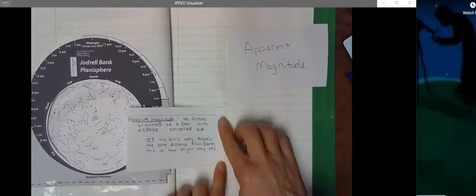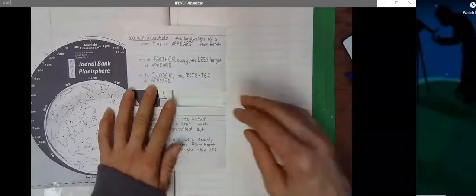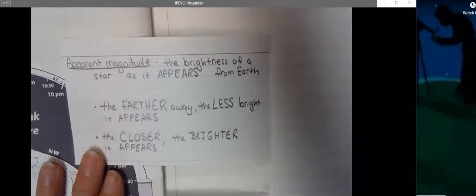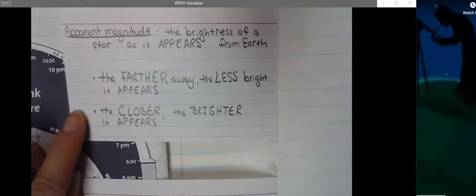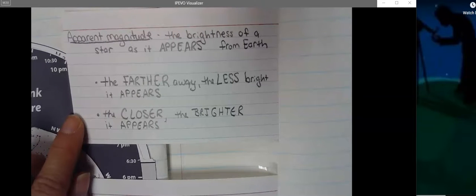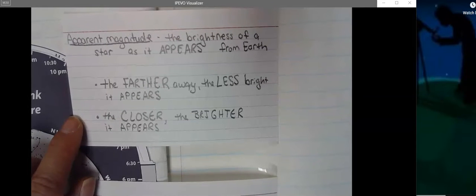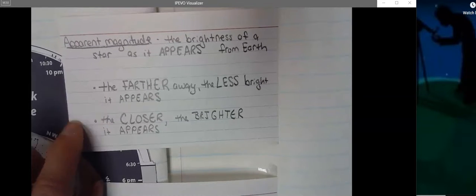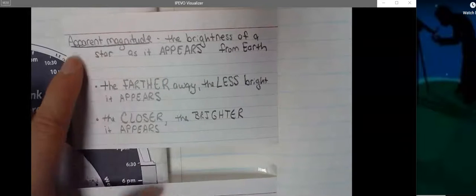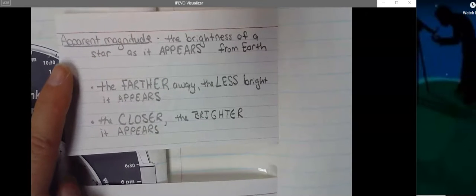The vocabulary that you need down on the other side of the card looks like this. Apparent magnitude is the brightness of a star as it appears from Earth. And yes, you'll notice I'm emphasizing specific words: appears, apparent. It looks this way.